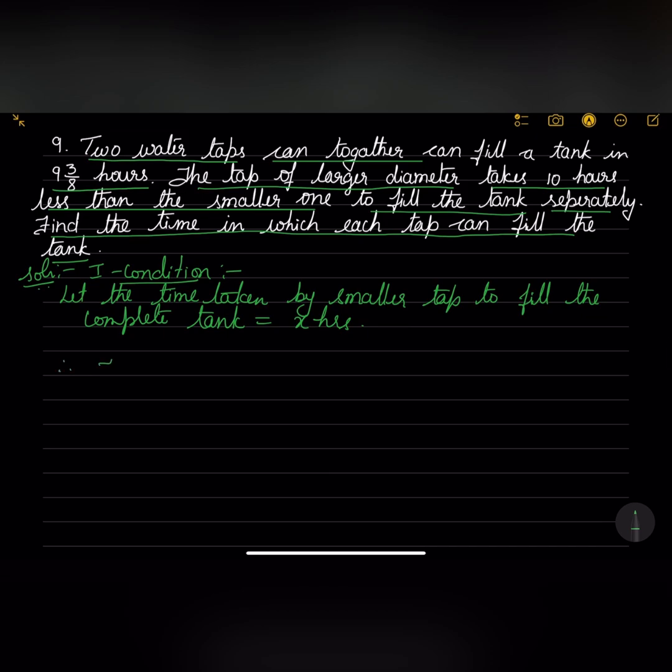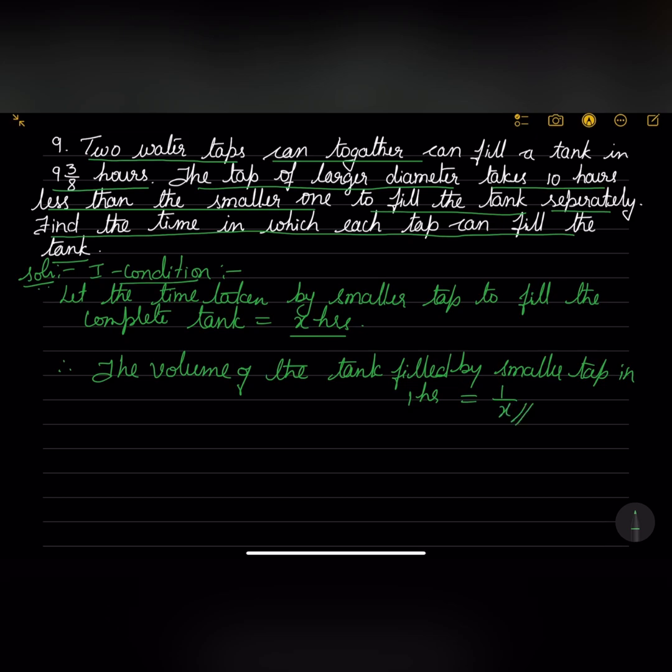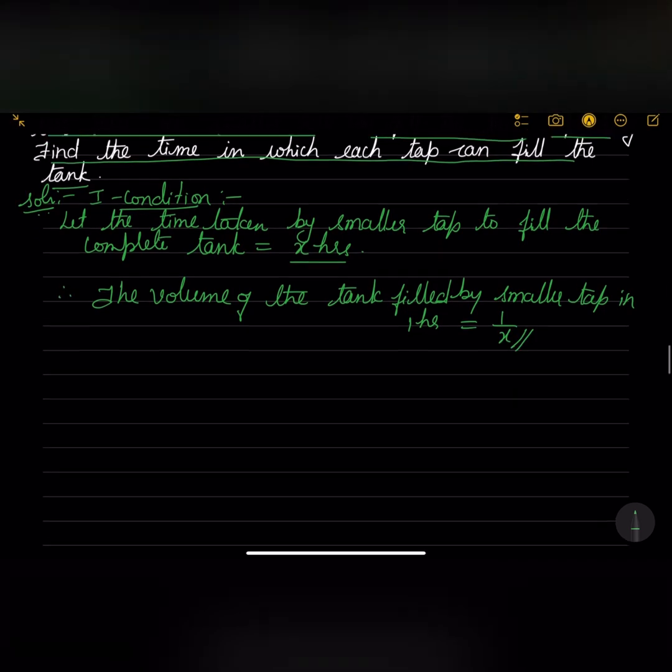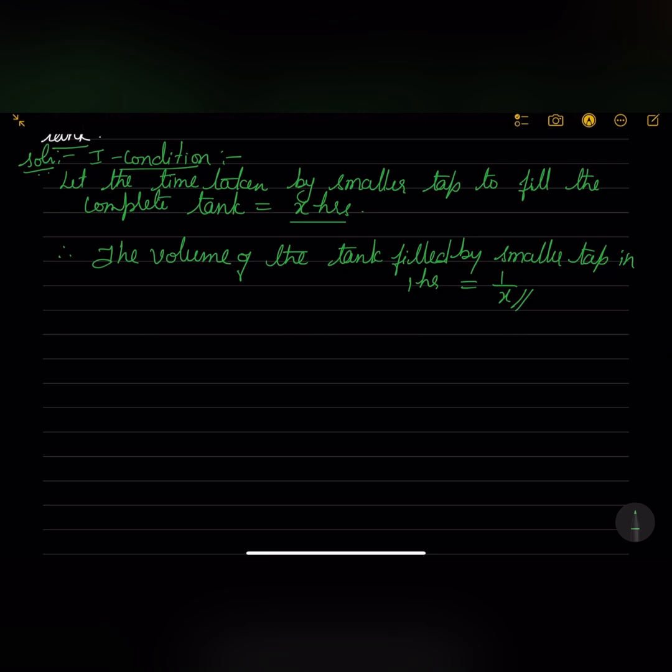Therefore, the volume of the tank filled by the smaller tap in 1 hour: for complete filling, it needs x hours, so in just 1 hour, the volume filled is 1 by x. So this is the volume which will be covered by the tap to fill that particular tank.